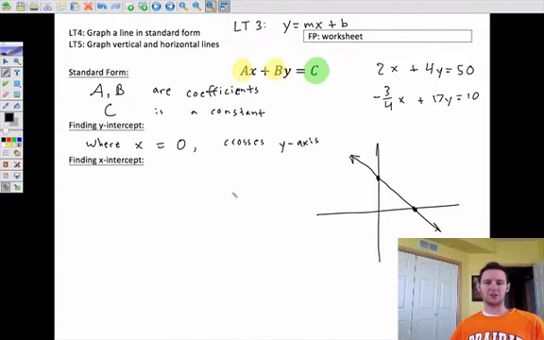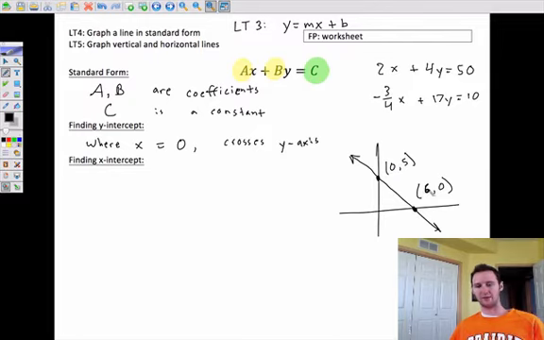You guys are pretty smart. You can probably figure out what finding the x-intercept is if you look at this x-intercept right here. The coordinates of this point are some x value, maybe 6, and the y value is 0. Whereas here, the x value is 0, and we had a y value.